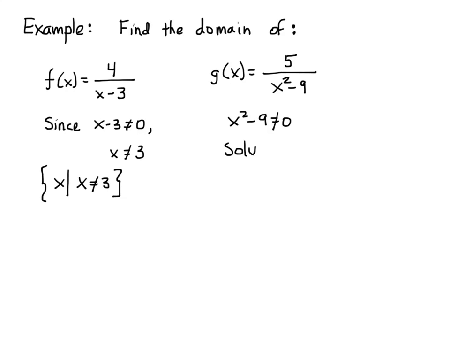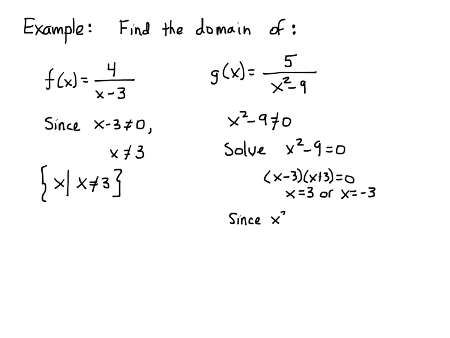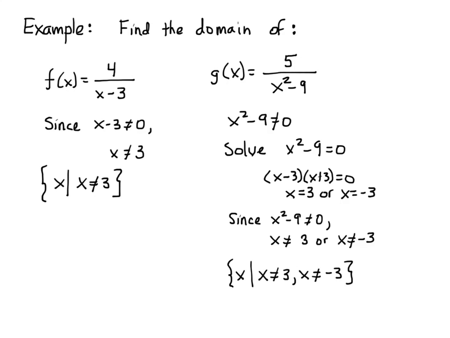So we solve for the x squared minus 9, and by factoring we know that x can't be 3 or negative 3. Since x squared minus 9 can't be 0, then x can't be 3 or negative 3, and so we'll write this in set builder notation as x does not equal 3 and x does not equal negative 3.